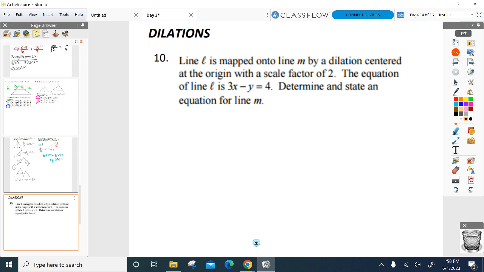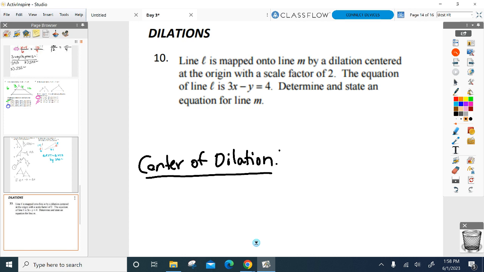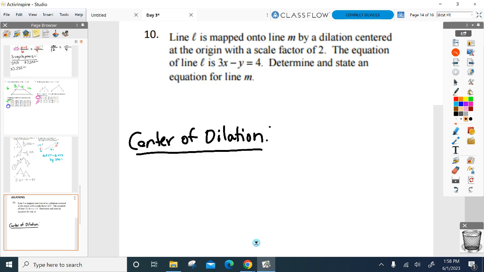All right. Dilations. One note I want you to take on dilations, and that is pay attention to where the center of dilation is. Okay? It could be in 2 spots. First spot it could be is the origin. I dilate around the origin.